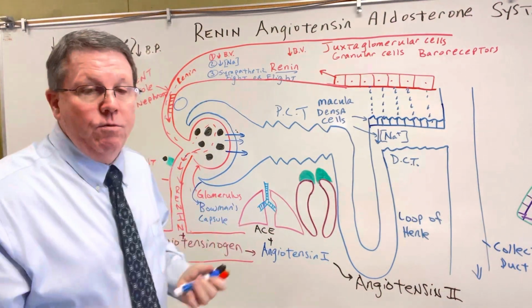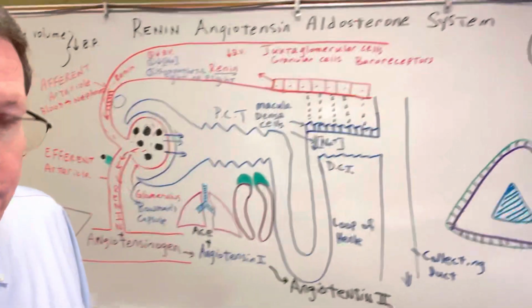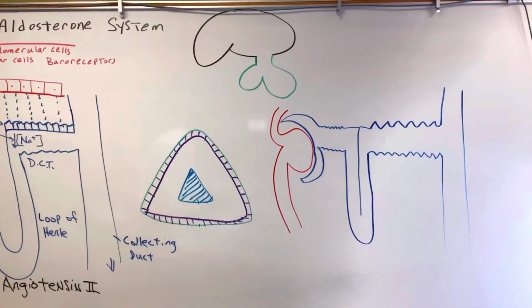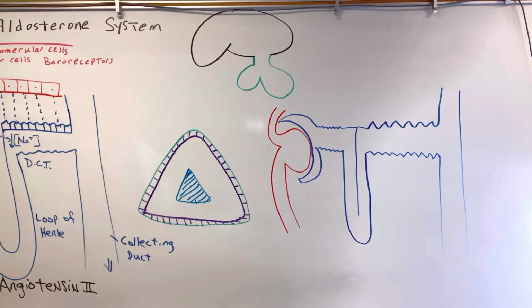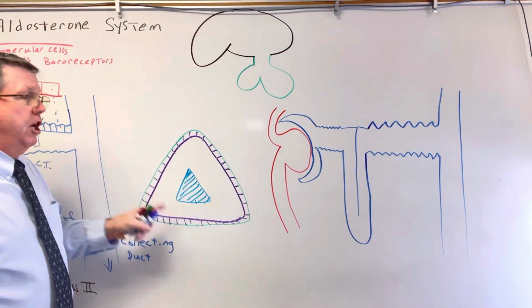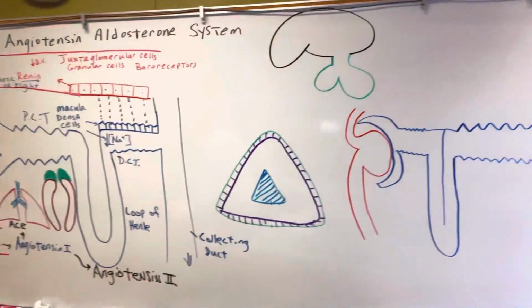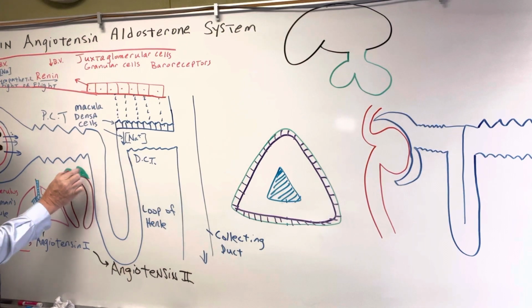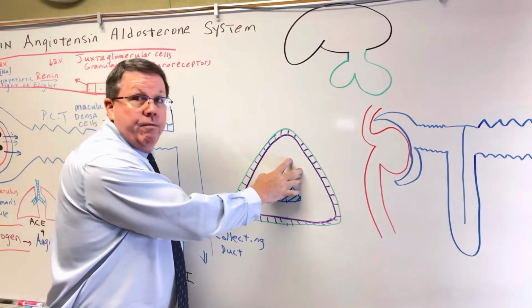Now, the next thing we're going to look at is over here. What angiotensin is going to do here is, we have our adrenal glands. If I go back here real quick, this is my kidney. These are the adrenal glands that are up here. So what I've done is I've taken one adrenal gland and put it over here.